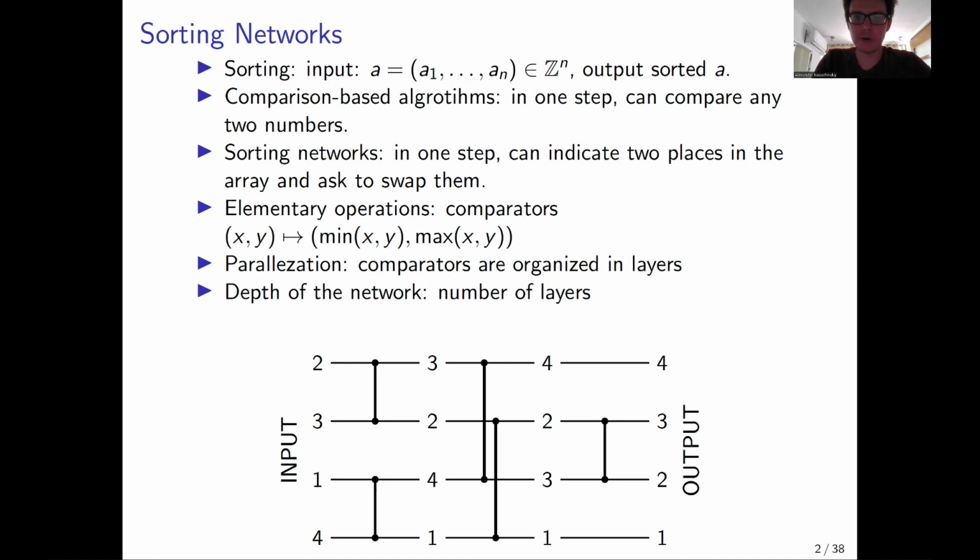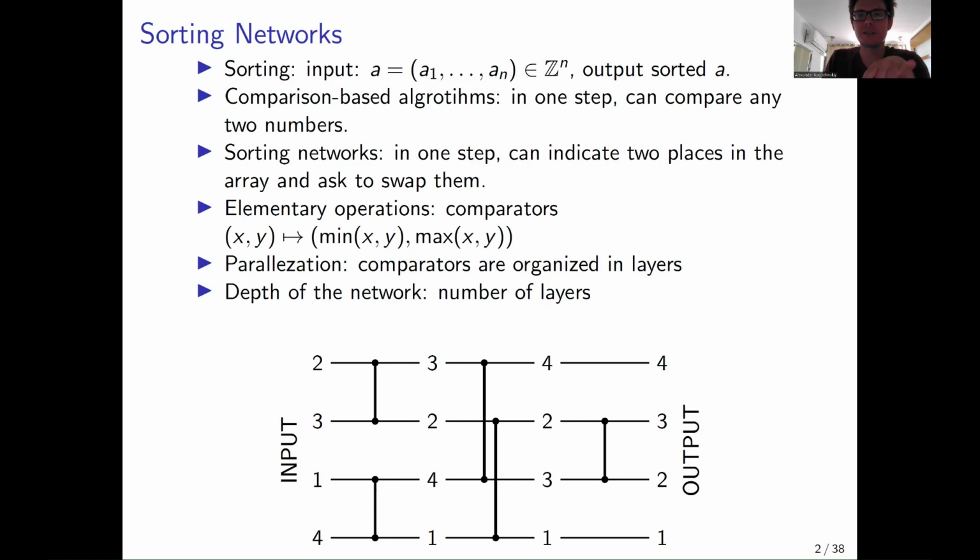So this is a sorting network with 5 swaps, but notice that it's also organized in levels. If I ask to swap pairs of positions that are disjoint, like the first 2 swaps, then I can imagine that I do this all at once.